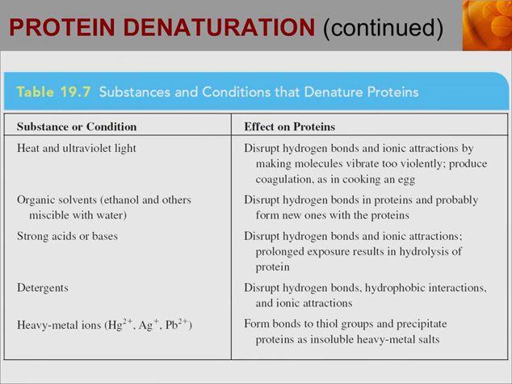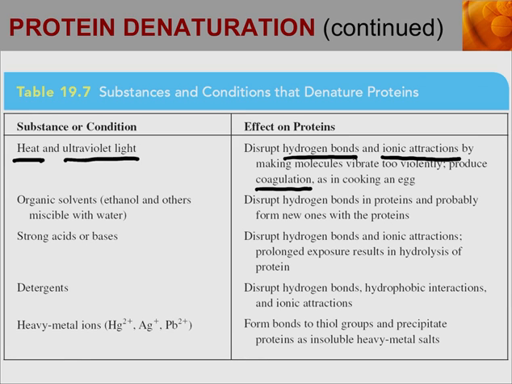Again, there are many different ways that you could denature a protein. You could use heat or ultraviolet light, and that will disrupt hydrogen bonds, breaking apart any hydrogen bonds or ionic attractions by making the molecules vibrate too violently. This would produce something called coagulation, as in cooking an egg, which I just mentioned.